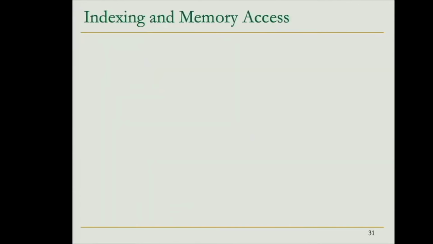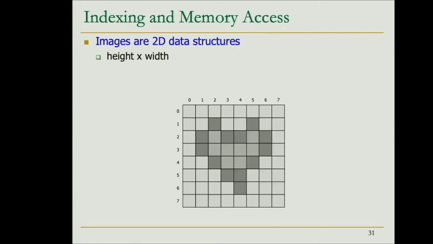Okay, let's start thinking about how we need to map the computation inside our programs, using a running example of simple processing on an image, which is a two-dimensional data structure. As you know, images have a certain height and a certain width.